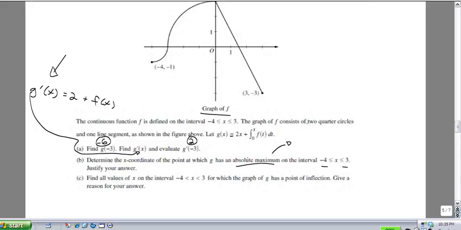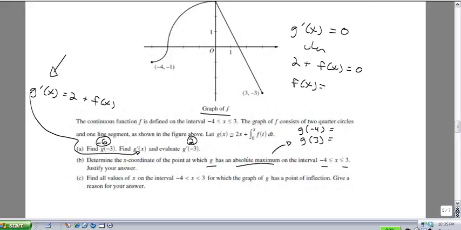So for your absolute max, you'd want to check g of negative 4, g of 3, and then let's see, where does g prime of x equal 0? G prime of x equals 0 when 2 plus f of x equals 0. So when f of x equals negative 2. Okay.